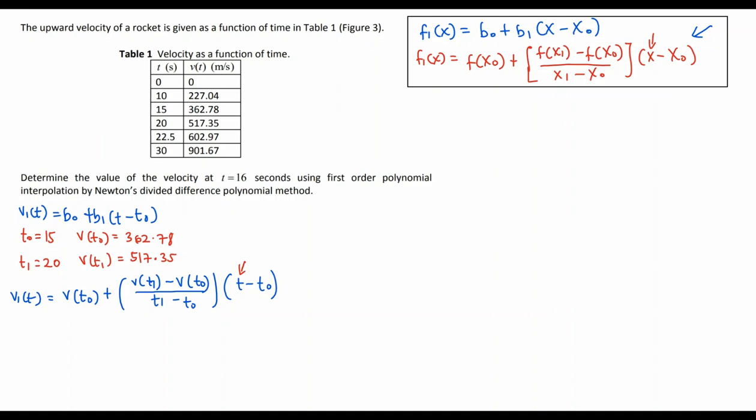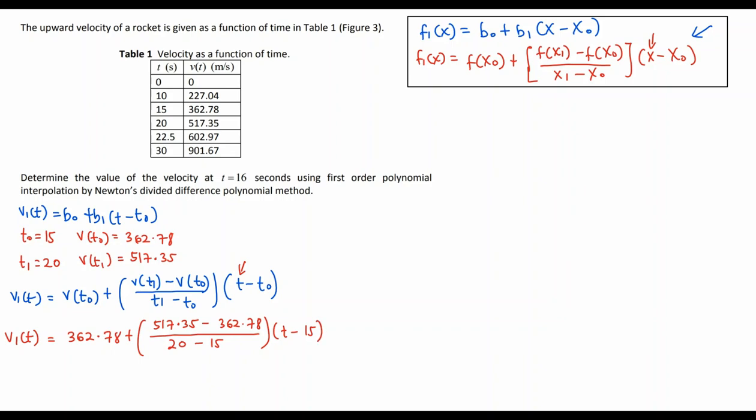Let's do the substitution. v1 of t equals v of t naught, which is 362.78, plus v of t1, which is 517.35, minus v of t naught, which is 362.78, divided by t1 minus t naught, that is 20 minus 15, multiplied by t minus t naught, that is 15.